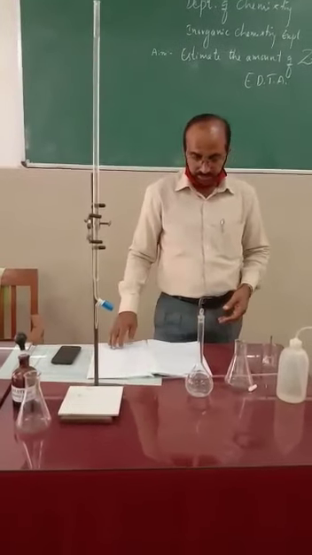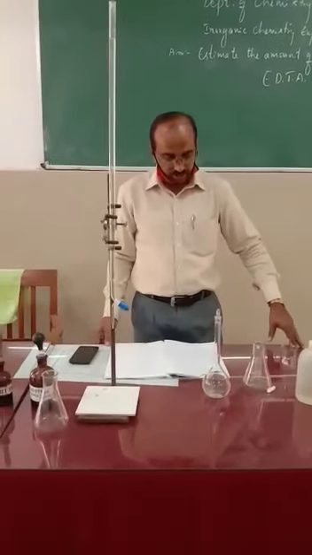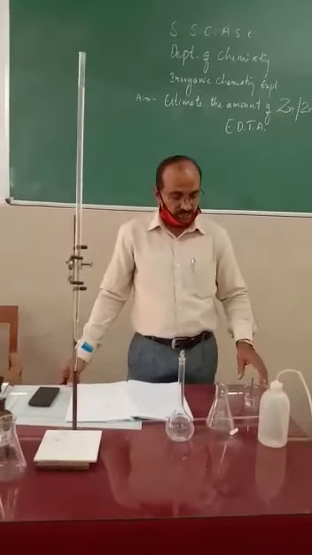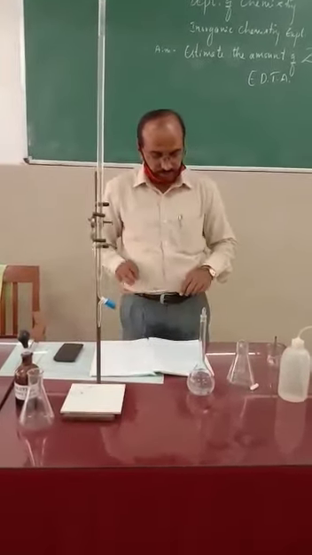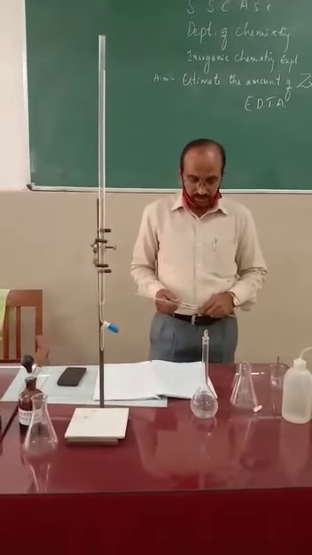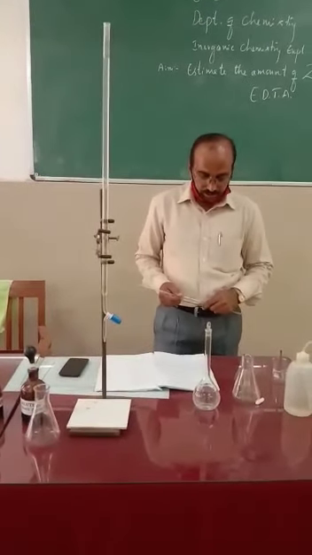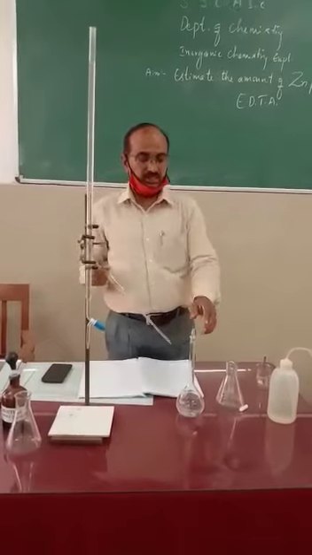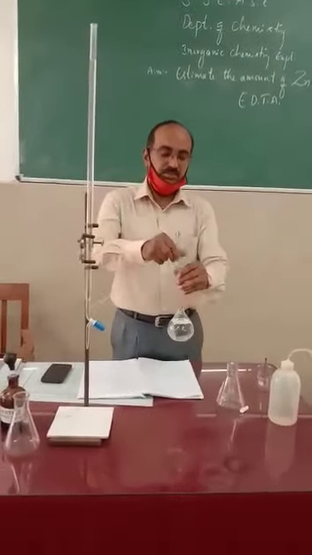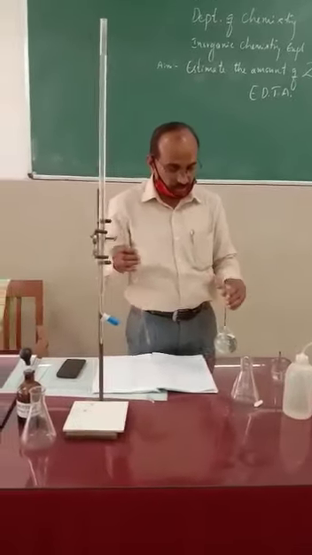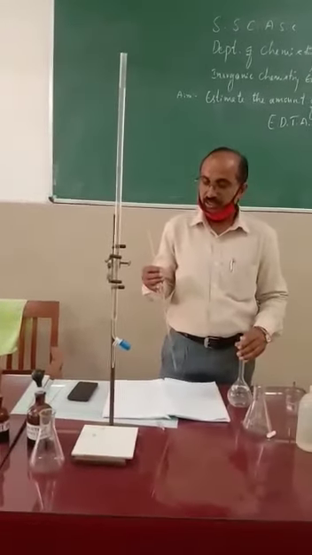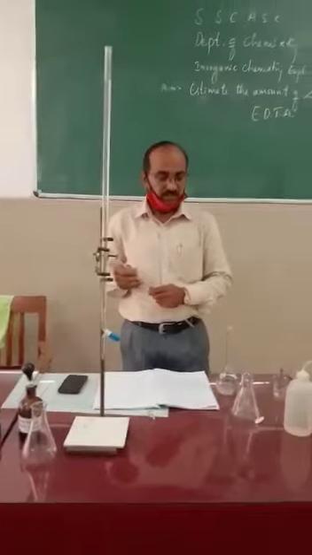After preparing the standard zinc sulfate solution, using it you have to standardize the EDTA solution. In this experiment we pipette out 25 cm cube of the zinc sulfate solution into a clean conical flask. So this is a pipette. All the apparatus are first thoroughly washed with tap water and rinsed with distilled water.